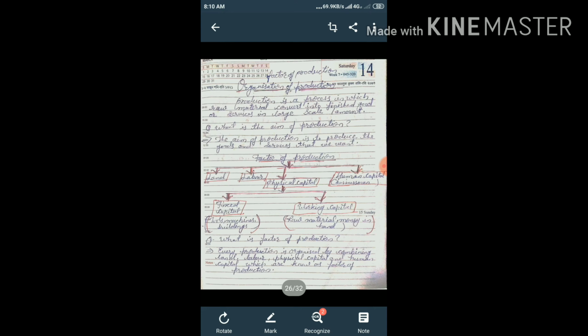So let us see. Production is a process in which raw material is converted into finished goods or services on a large scale or amount.